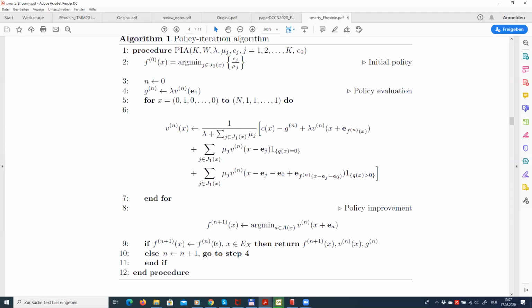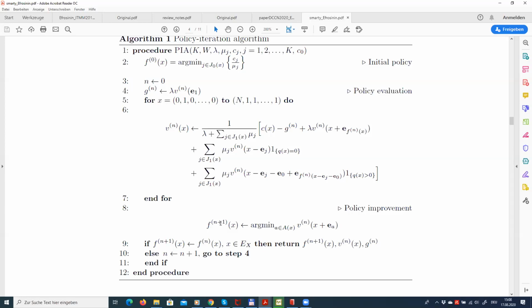If not, we have to return and solve the system of linear equations, but for the new policy. Of course, this new policy will influence the transition rates. Yes, it must be taken into account. Then we solve this system of linear equations and again obtain the improved policy.